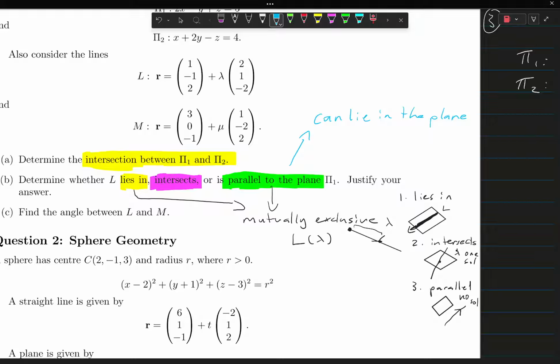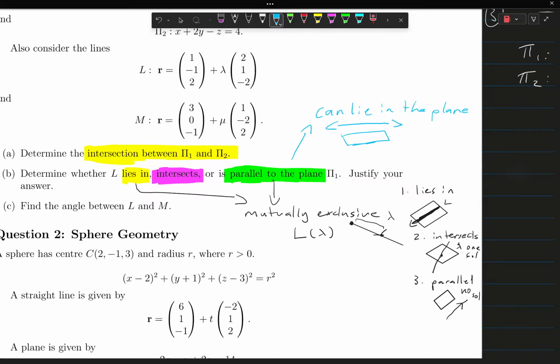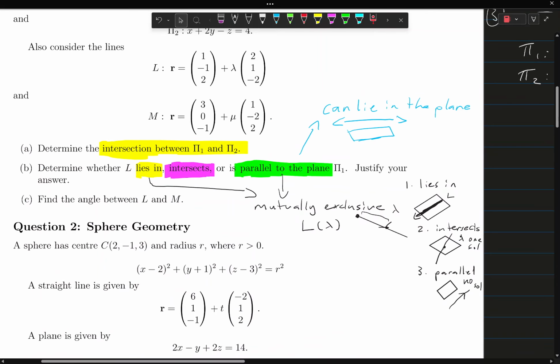Because it's parallel, it doesn't go towards the plane as it goes towards infinity, so it never touches it. And it doesn't lie in the plane because that's already ruled out here.